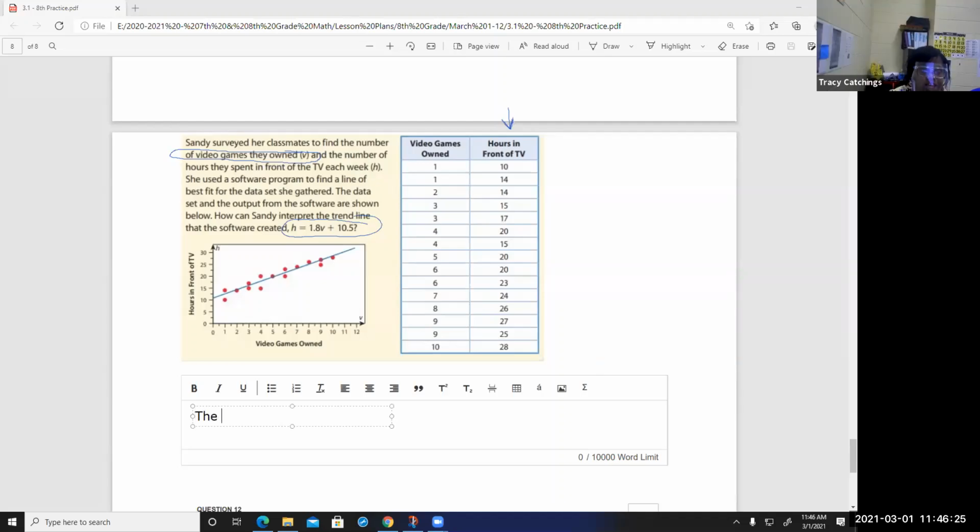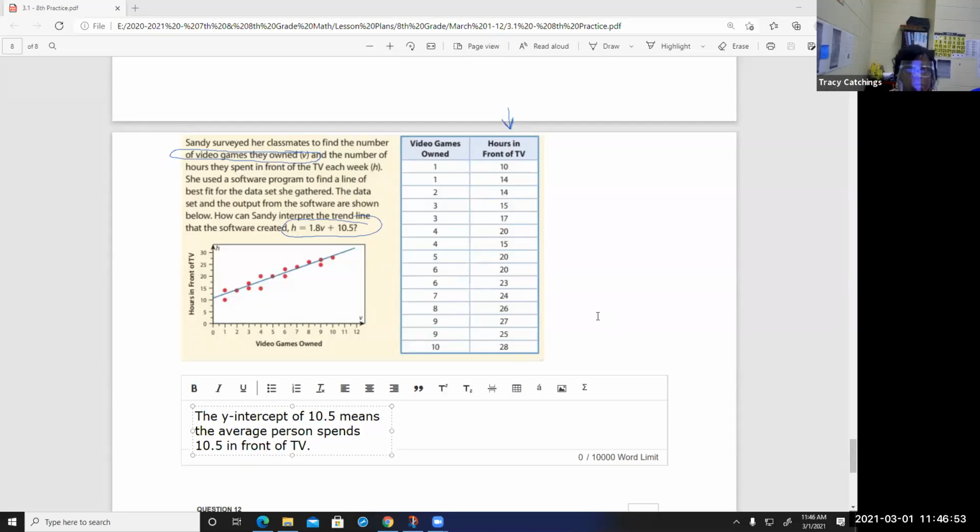So we would say the y-intercept of 10.5 means what? The average person spends 10.5 hours watching TV. I'm gonna say in front of TV because that's what they said.